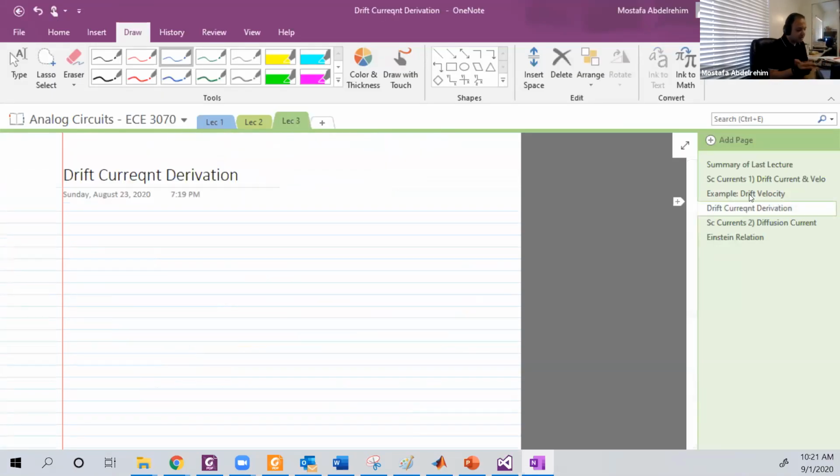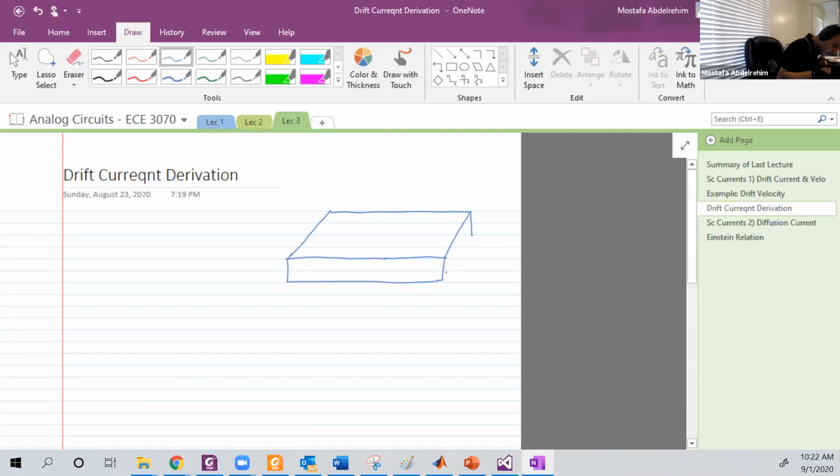I called this slide drift current derivation, because basically to know resistivity, we need first to calculate the current, as we will see. So we will assume here that we have a sample of silicon like this.